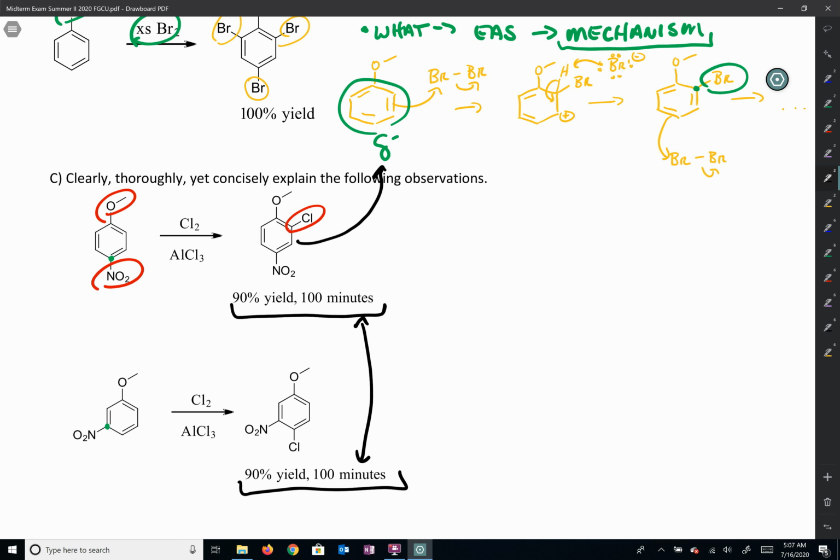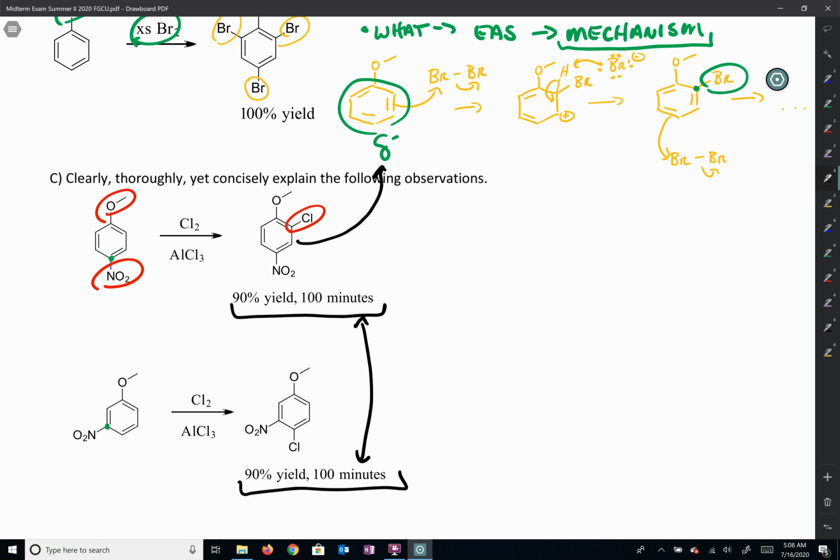The directing effect happens after it's grabbed, with the resonance structures that come as part of our mechanism. So it's very interesting to think about this a little bit. What does it mean to be an activator and a deactivator? What parts of the mechanism are affected by it?